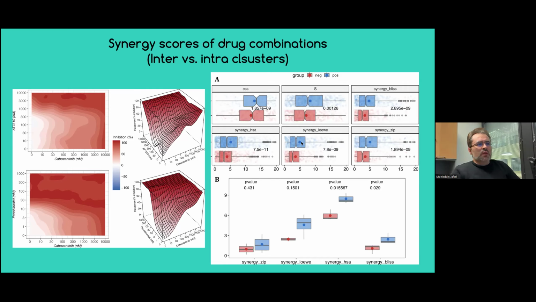Here we showed with the experiments, testing in the allogeneic data set in panel A and also our data set in different cell lines, that if we combine drugs from different clusters, we have a better synergy, with respect to different synergy calculating methods, compared to the intra-cluster combination.